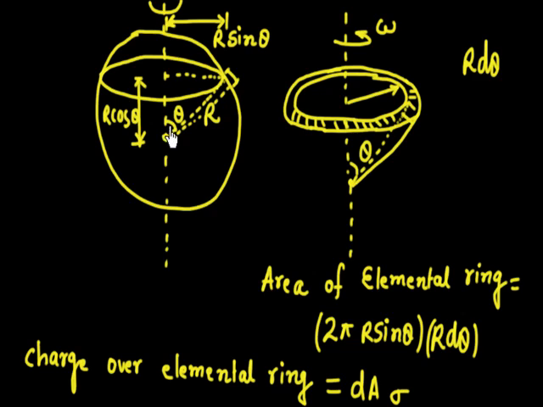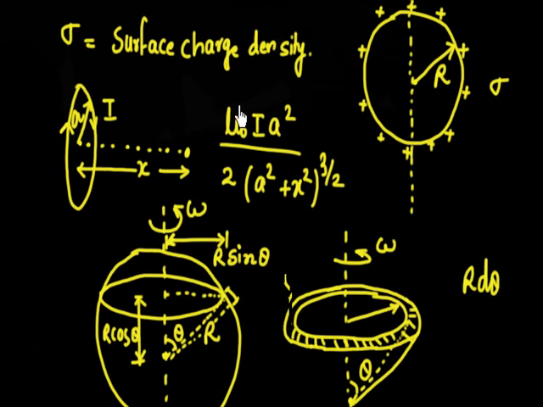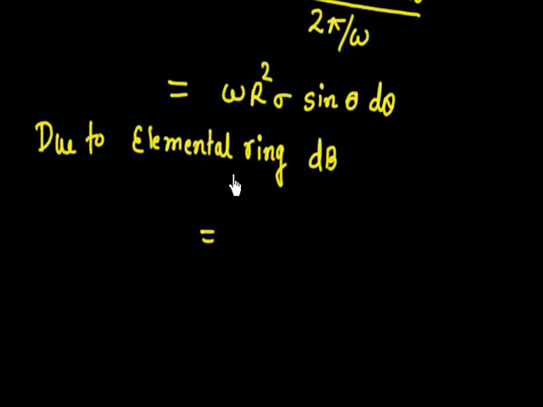What is my radius? Now I can use this formula. In this case, A is the radius of the ring, so A is r sine theta, and x will be r cos theta. Are you getting or not?